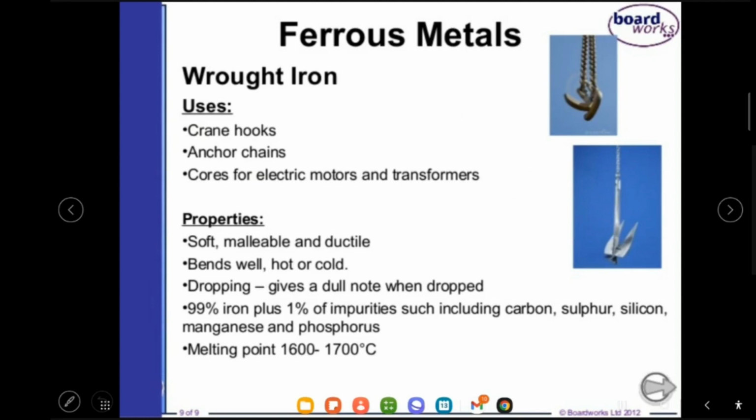It bends well in either hot or cold conditions, and when it is dropped to the floor, it gives a dull note. It is 99% iron plus 1% impurities, including carbon, sulfur, silicon, manganese, and phosphorus. The melting point is 1,600 to 1,700 degrees Celsius, about the same as other iron materials.